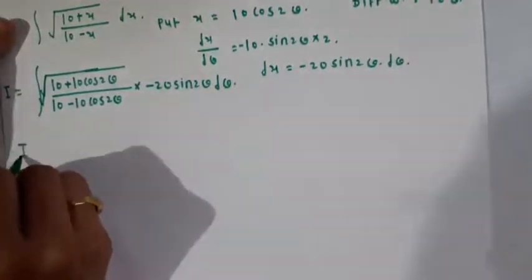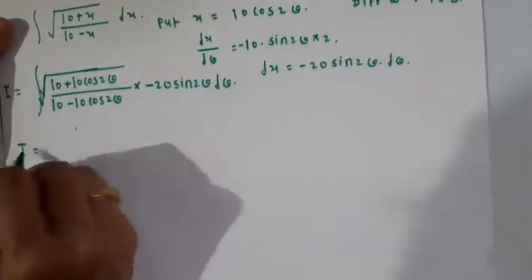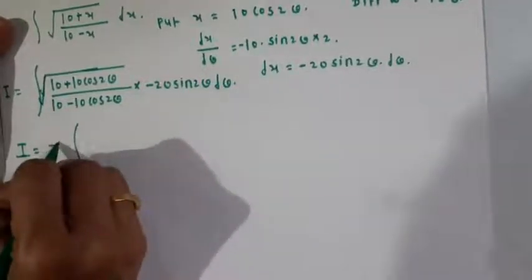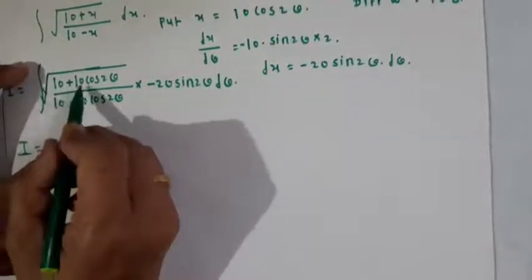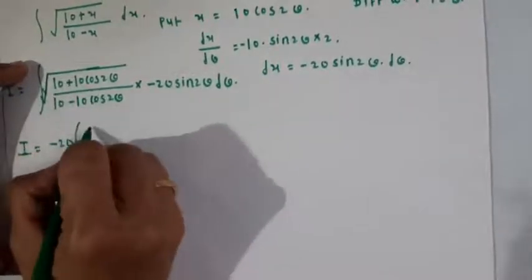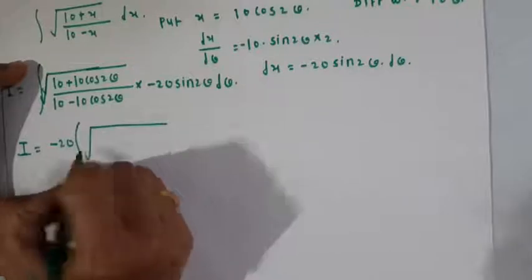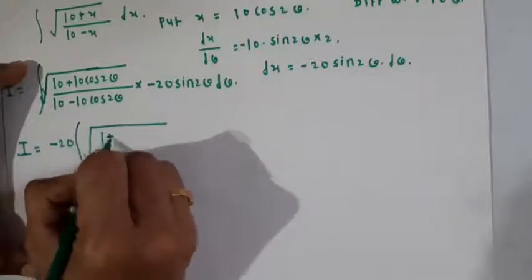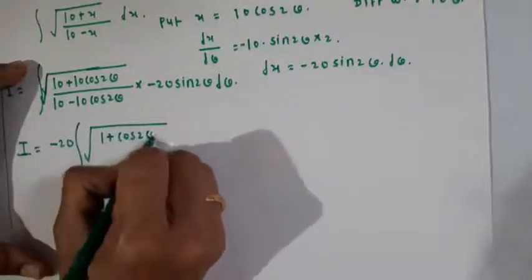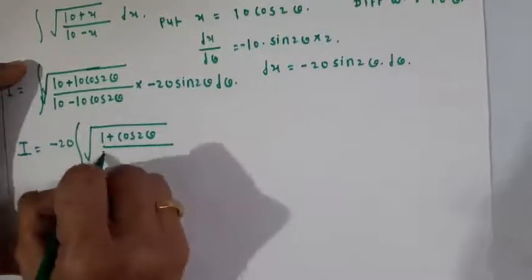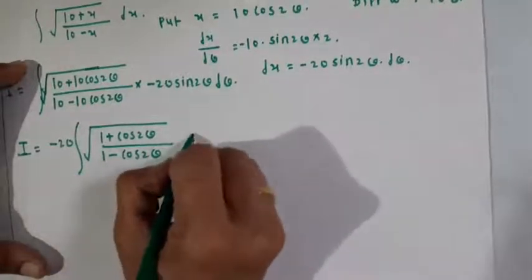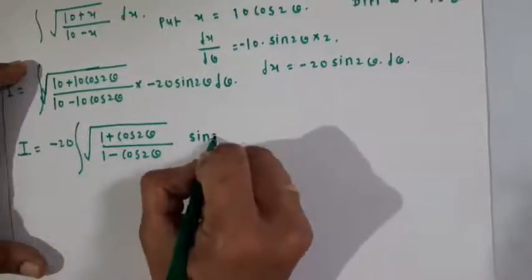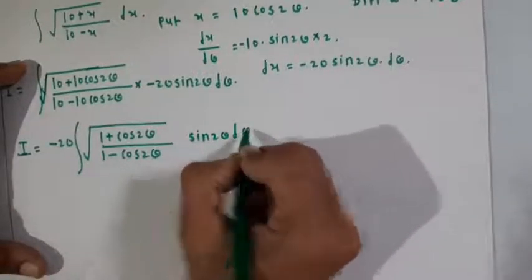Hence the integration I equals minus 20 as a constant outside the bracket, the 10 common out and cancel, and now we have the integration of the square root of 1 plus cos of 2 theta upon 1 minus cos of 2 theta, into sine of 2 theta with respect to theta.